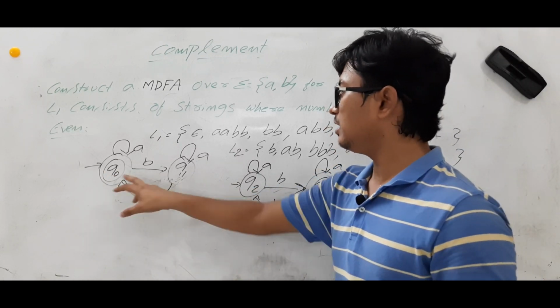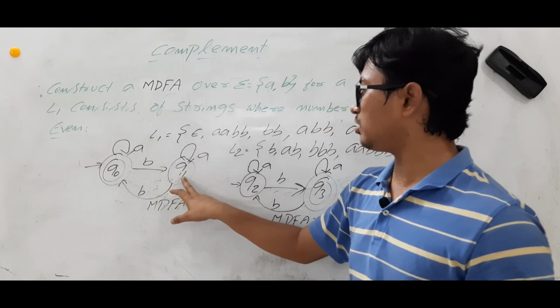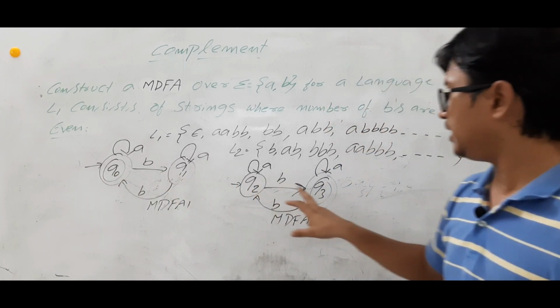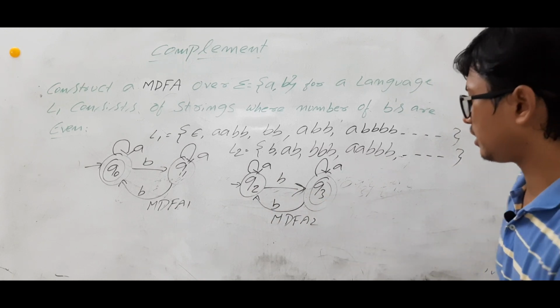If you see the non-final states here, what are the non-final states? Q1 is made a final state here. Let me write it here.